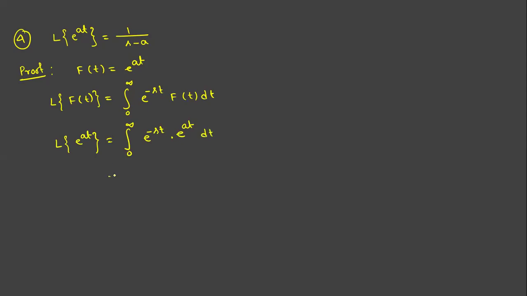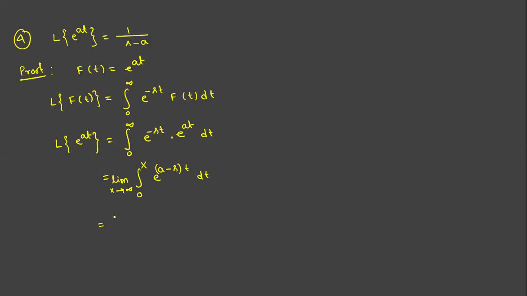Okay, so you are getting an integration. This is an improper integral, and we know how to solve an improper integral. Here in the upper limit you are getting infinity, so you have to put capital X in place of infinity, and then take the limit as capital X tends to infinity, of e to the power a minus s into t dt. Just solve this.